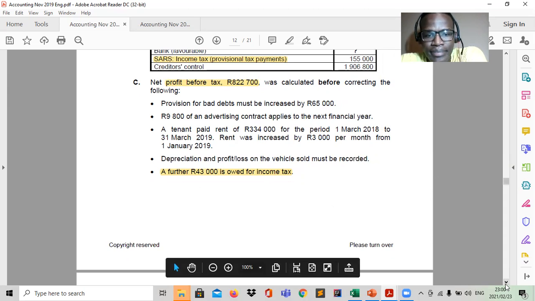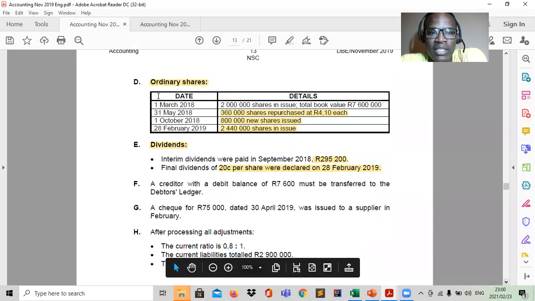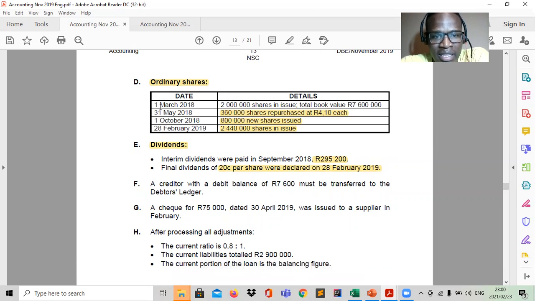Then we move on. We are told in D about ordinary shares. We are given that transactions happened from 1 March until 28 February 2019. These are within the financial period, right? We are told that on 1 March, remember 1 March 2018 is the beginning of the year, they had 2 million shares that had been issued.